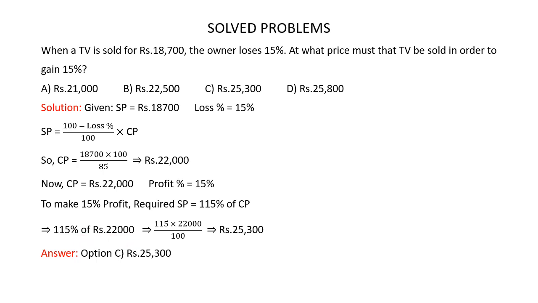This is nothing but 115 multiplied by 22,000 divided by 100. On solving this, we get the selling price as rupees 25,300. So the TV must be sold at rupees 25,300 in order to gain 15%. So the correct answer is option C, rupees 25,300.